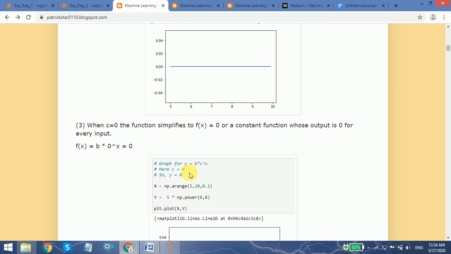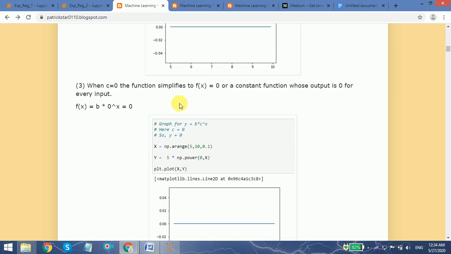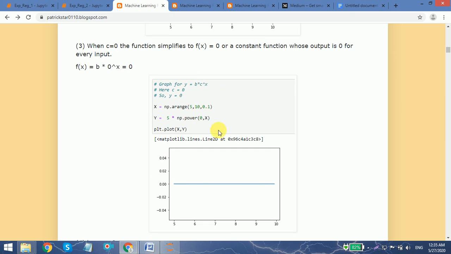The next point is when we take c equals 0, the graph will also give the output of 0 for each and every input. Here our function was b into c raised to x. So if you take c equals 0, then 0 raised to anything will be equal to 0, so our output will always be 0.